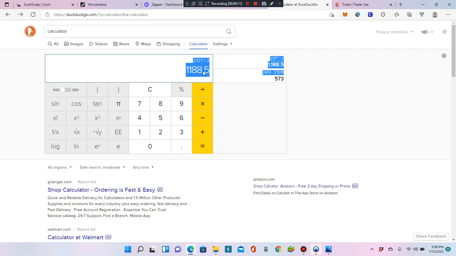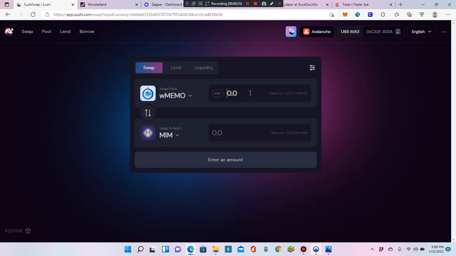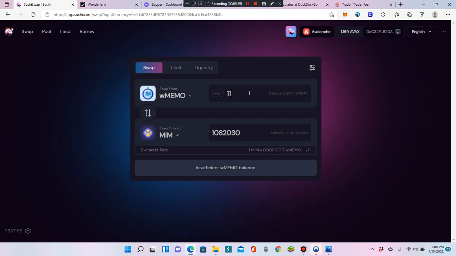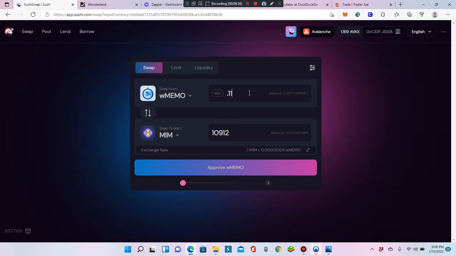So it's going to be 1188. So I'll come back over to Sushi Swap and only switch half of it for MIM so we can do the liquidity pair, and they need to be half and half. So I'm going to do 0.1188.